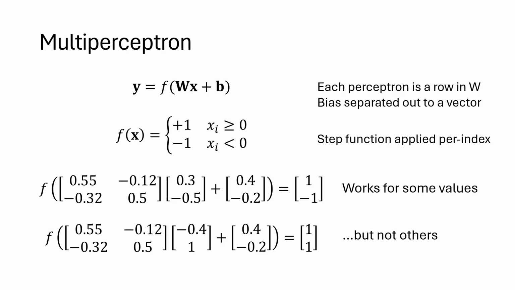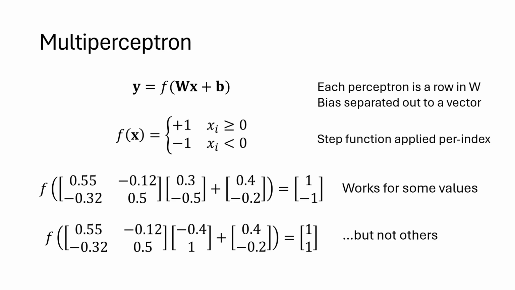We now have a matrix of weights, one row for each perceptron. Also, to make handling and representing data easier, we will explicitly learn a separate bias, which you see here denoted B. This produces a vector output, and each index in that vector is a binary output indicating whether the input example belongs to a class.